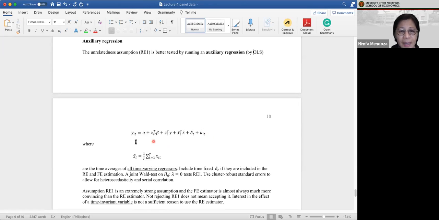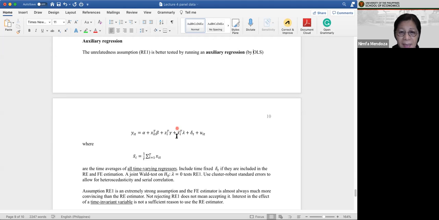Note that we have observations y sub it, x sub it, and c sub i. So this is the dependent variable. These are the time varying regressors. These are the time invariant regressors which are observable. Now we can incorporate time fixed effects.